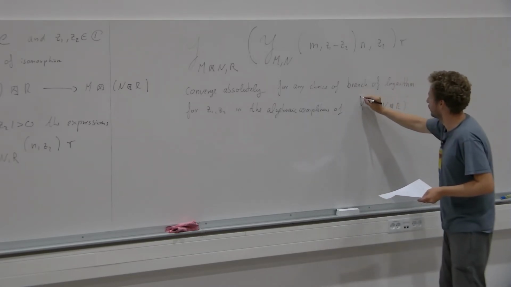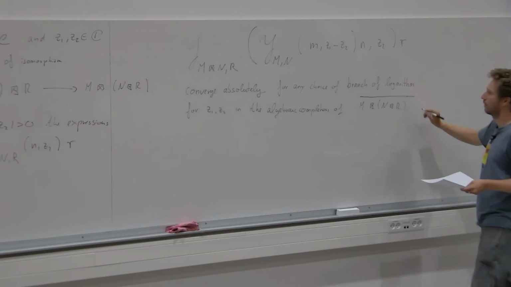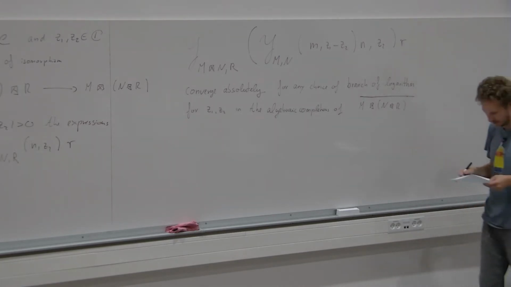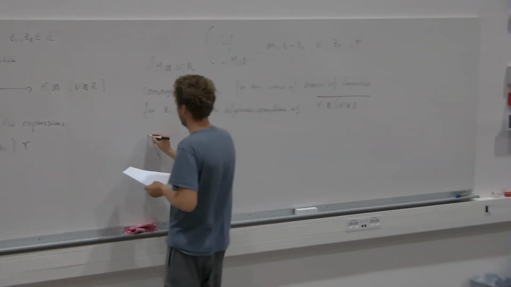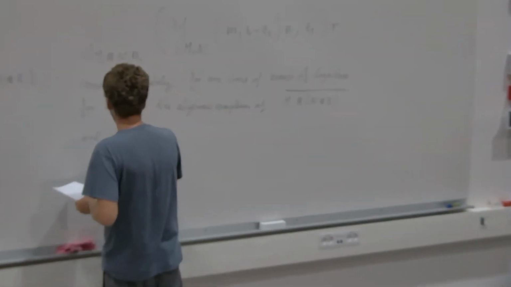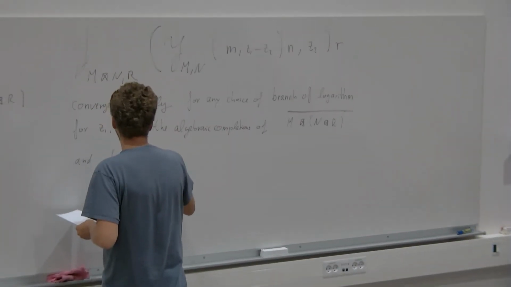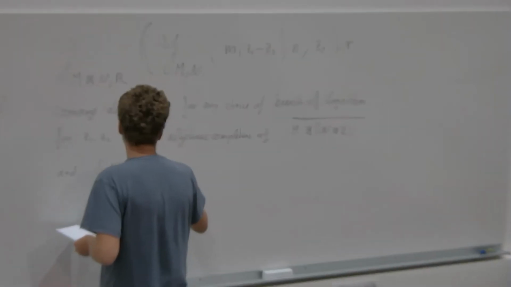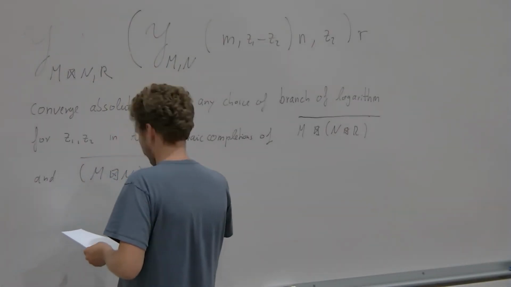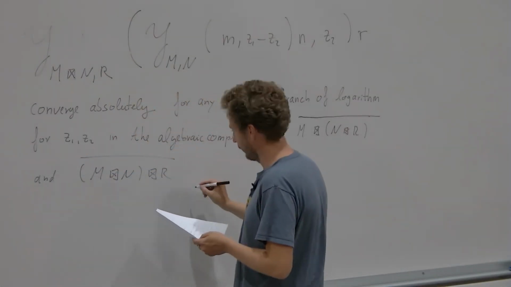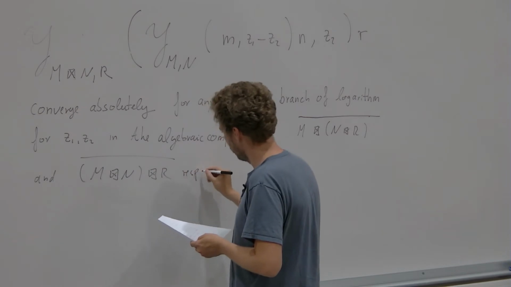The algebraic completion you usually denote with a bar over the module, and the second expression you have your brackets the other way around, respectively.